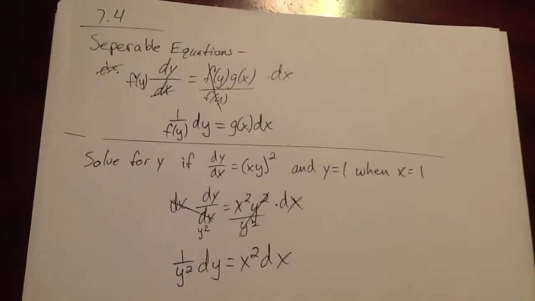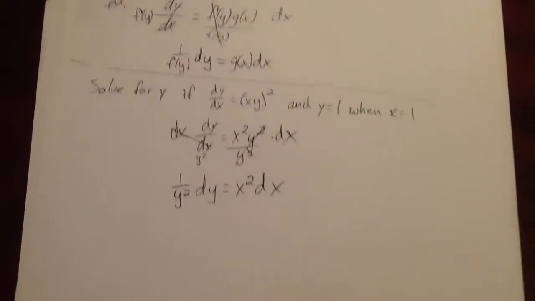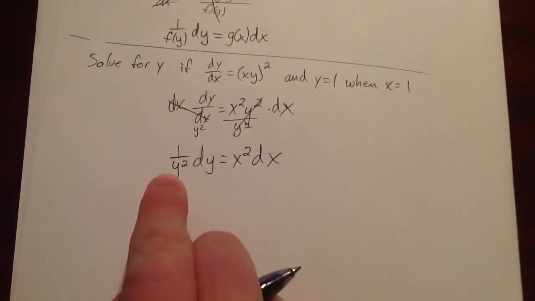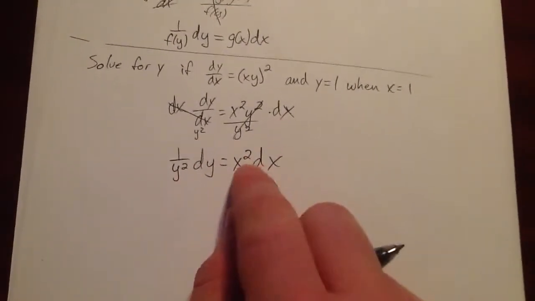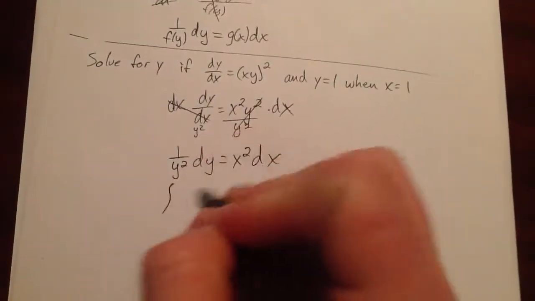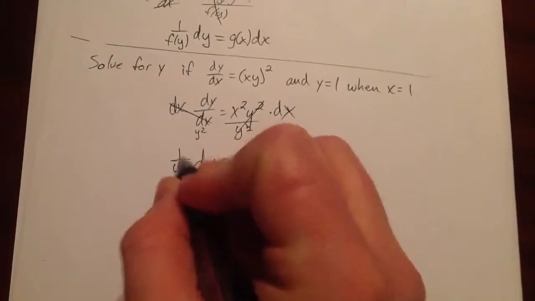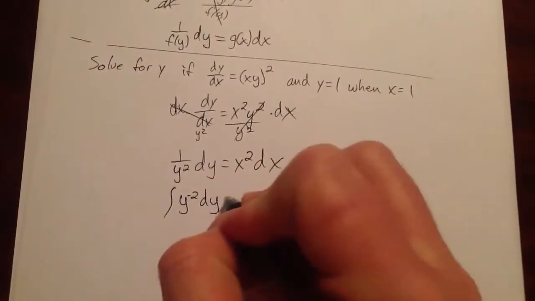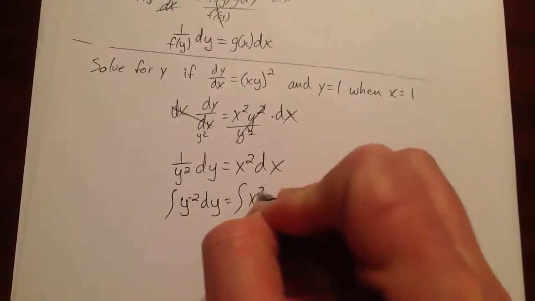So now, in order to solve for y, keep going here, I'm going to notice I have a function of y times dy, a function of x dx. So if I integrate both sides, if I take the integral, might as well change that to y to the negative second power and x squared dx.